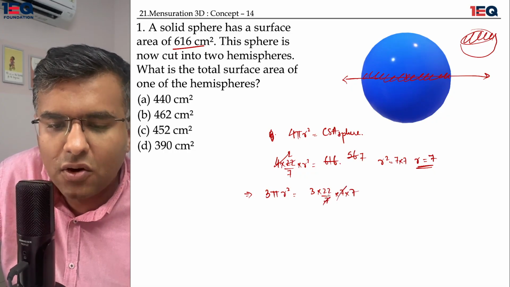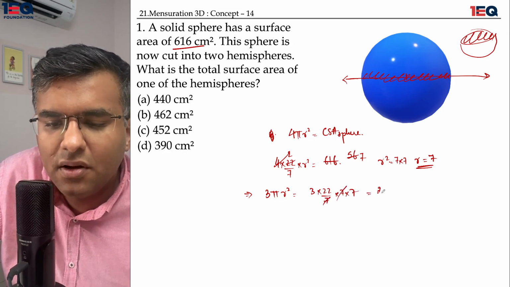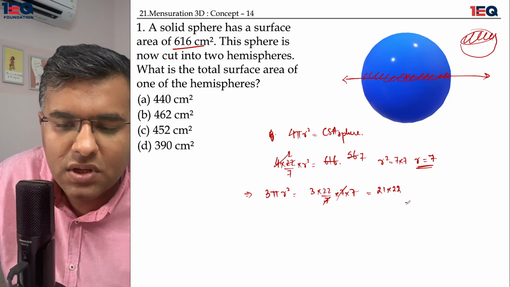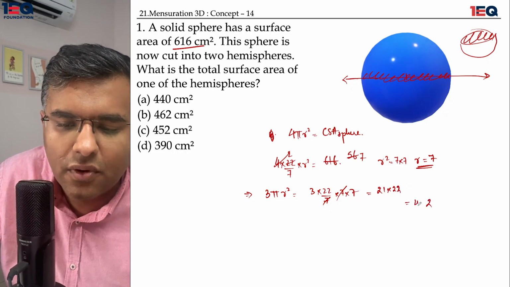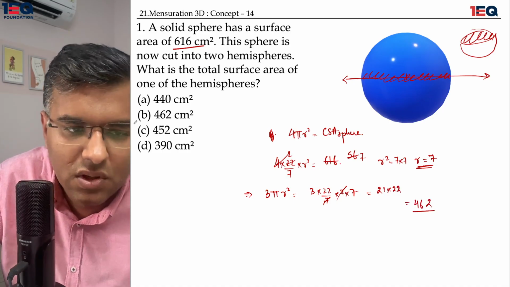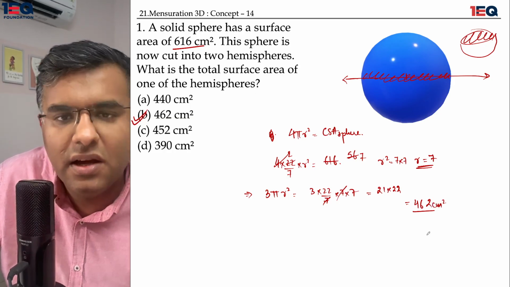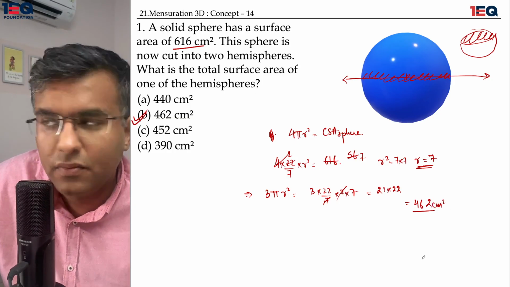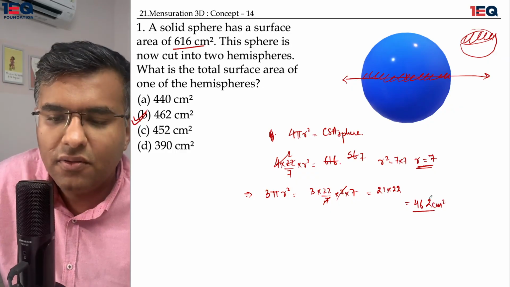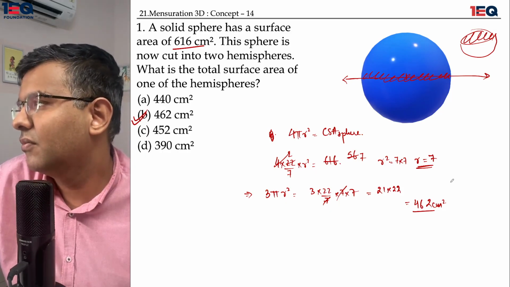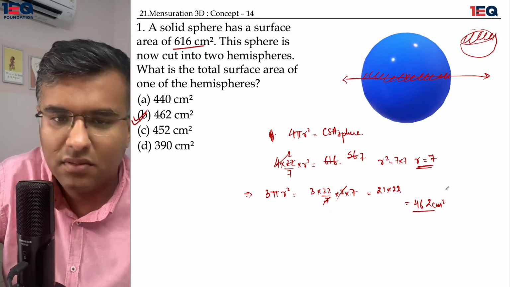Both these sevens are gone. So 3 sevens are 21. 21 into 22. 21 twos are 42. This is 462. So 462 centimeter square is the area that I am looking for. Good enough? Let's go ahead.